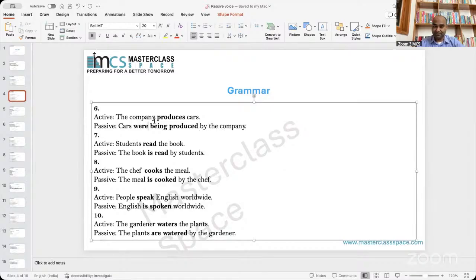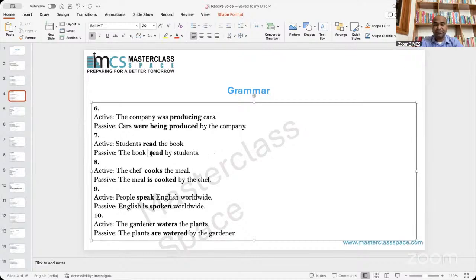The company, convert into subject, the company. Then, since it is continuous, to change into active voice, the company was, and then what you need is just ing. So producing the cars. So the cars were being produced by the company. Once you convert into active voice, the company was producing the cars.